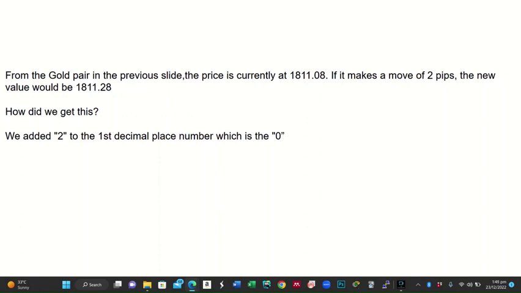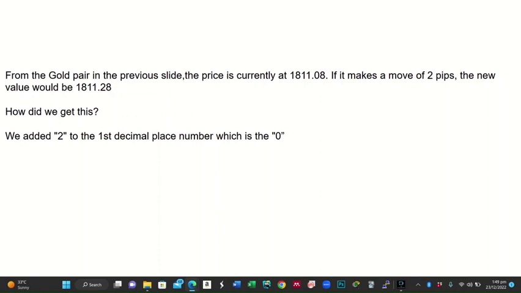We added 2 to the first decimal place, which is 0 here. Then it becomes 1811.28. I told you for gold, the pip calculation starts from the first decimal place. So since it's made a movement of 2 pips, we are going to add 2 to the first decimal place, which is 0. Then 1811.08 becomes 1811.28.